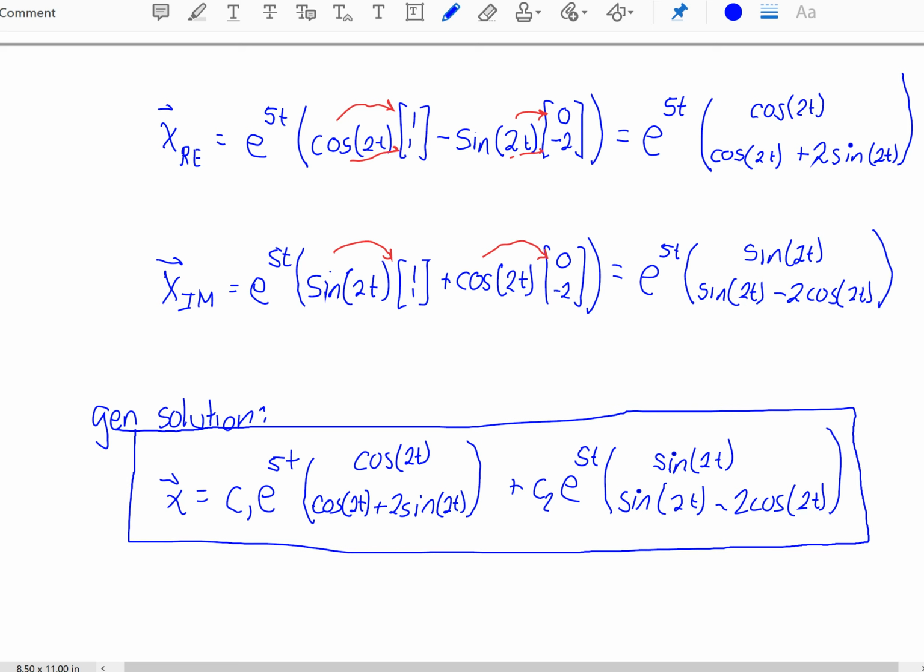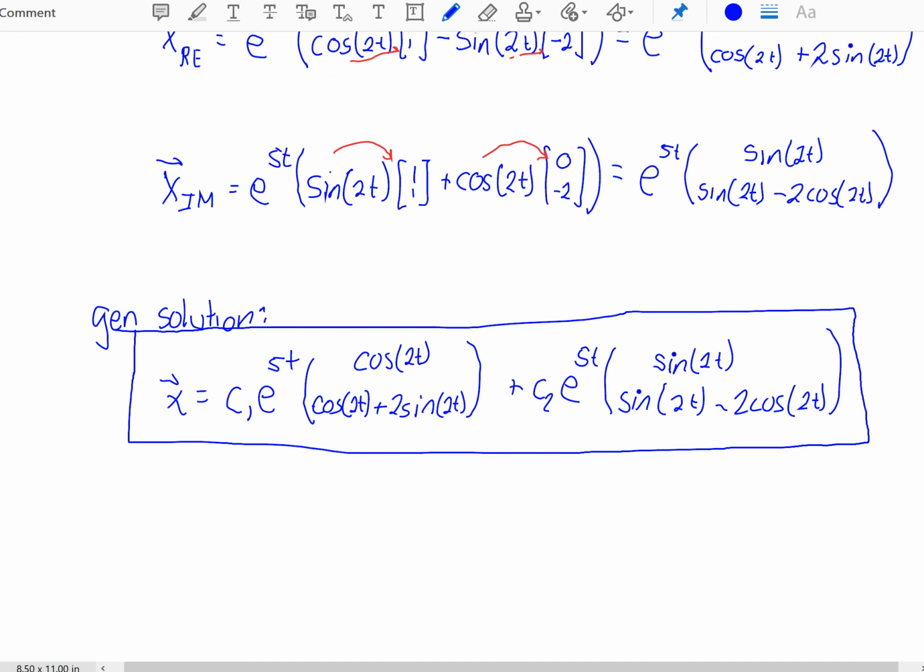However, here it is common to rewrite this one more time, because you'll notice that there's a common factor of e to the 5t on both of these terms.